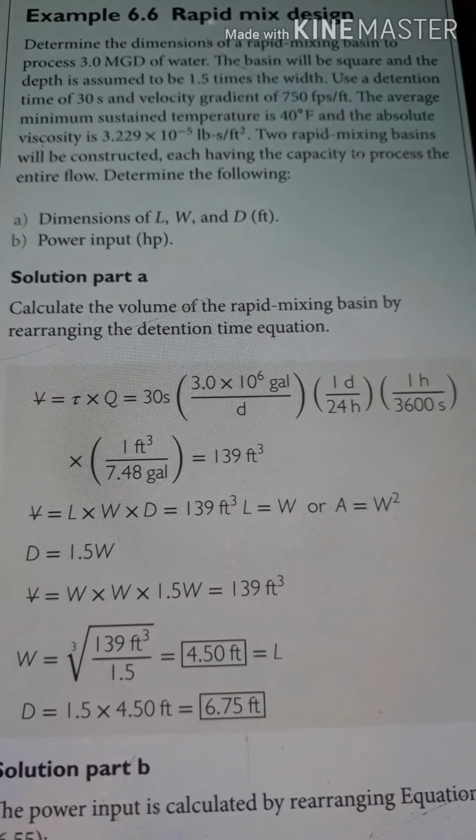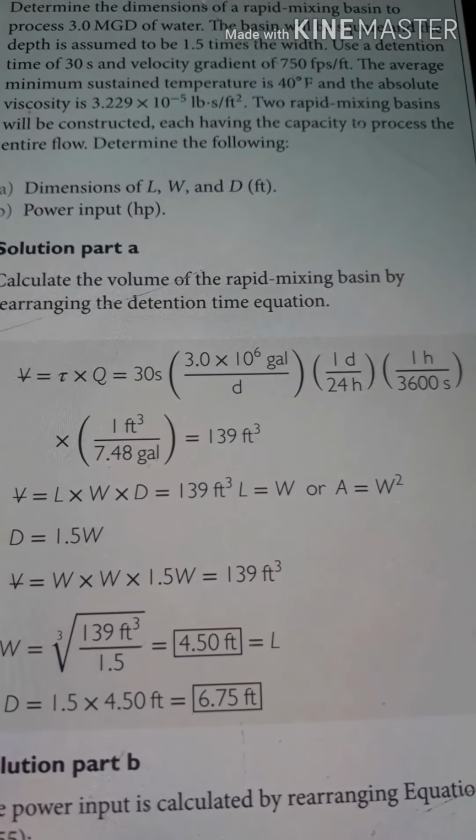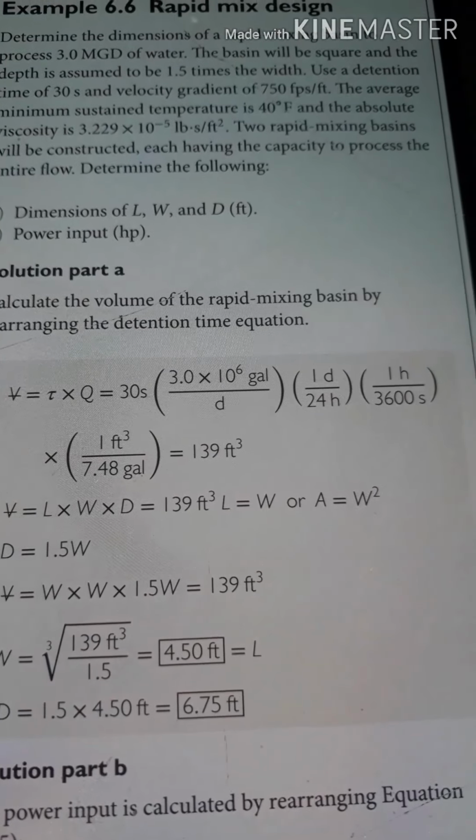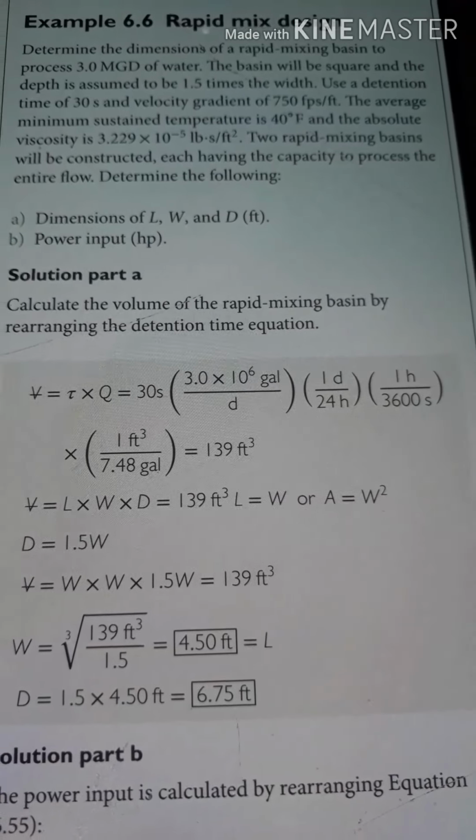Now, the volume of the tank is equal to length times width times depth, which is equal to 139 cubic feet. Since the basin is square, the length is equal to the width.